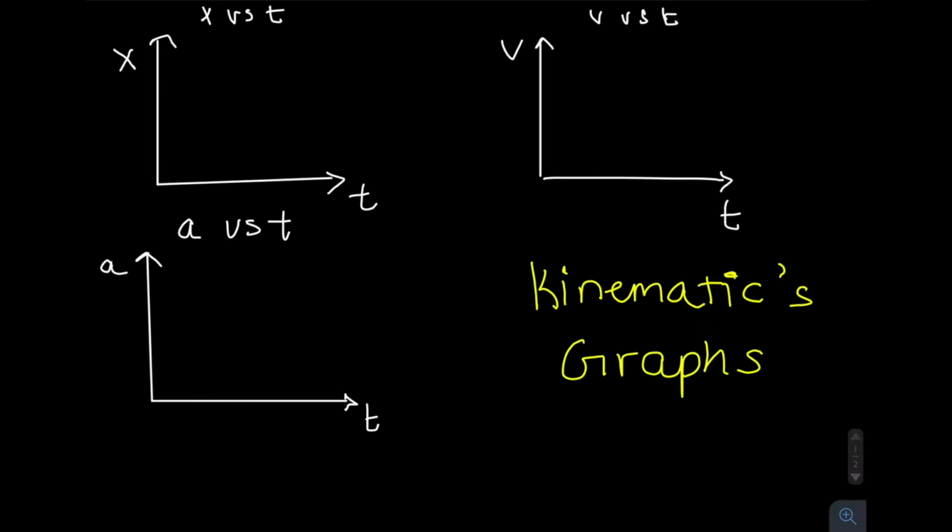So this is the displacement versus time graph, and the symbol for displacement is x, or it can also be d, but I have x here, versus time. In this case, we always put time, our independent variable, on the x-axis, and our dependent variable, which is x, on the y-axis. So that's what we did here.